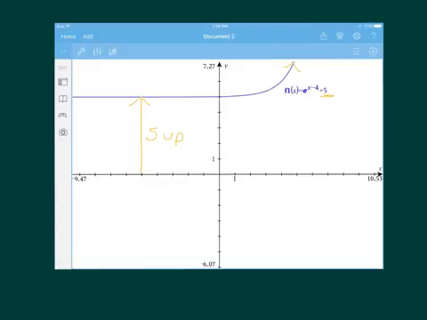So now how do I find how far it shifted left and right? So remember, that's the key point. So the original key point for a positive exponential was at (0, 1). So I know the graph's gone 5 up, so let's shift 5 up. 1, 2, 3, 4, 5 up. It's not on the graph, so the key point has to be to the right.